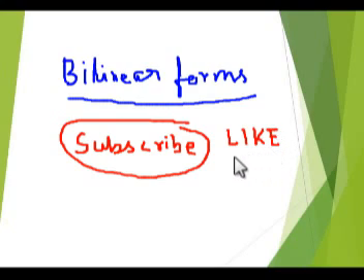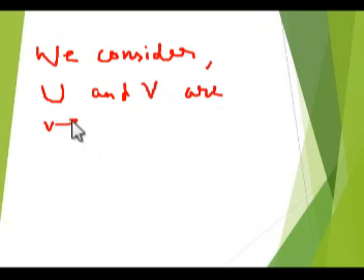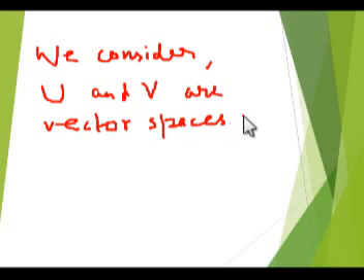Let's start now. We consider first two vector spaces or linear spaces, U and V. Both are vector spaces over a field F, which can be real or complex.